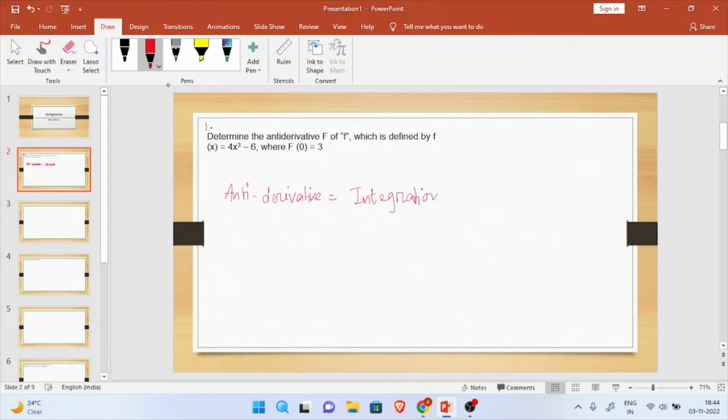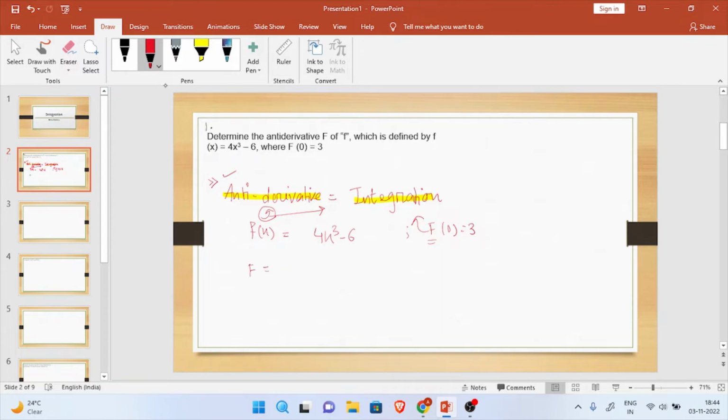In the question, it is tested using this term without saying to do the integration. In the solution, we are given f(x), which is 4x cube minus 6, and f(0) is equal to 3, where capital F is the antiderivative and f(x) is the function. We need to find the antiderivative or integration of this function.